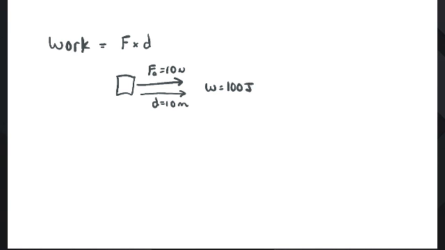If this object were to be pulled at an angle such as this, and let's say our applied force this time, just to make the math easy, is 5 newtons, and our distance moved is still 10 meters, there's a small problem.